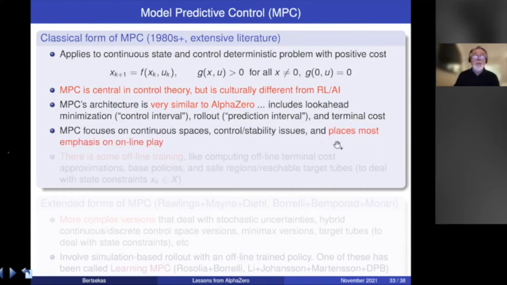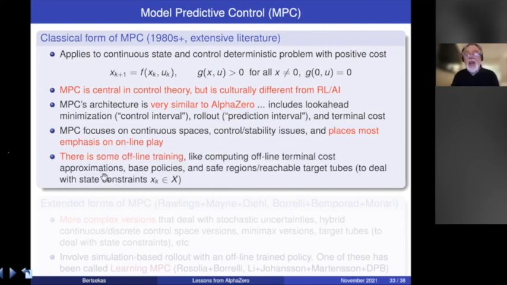On the other hand, MPC focuses on continuous space applications and also stability issues, and also relies primarily on online play. There is some offline training in MPC, for example, computing offline terminal cost approximations, computing some stable policies to do rollout with, and also computing target tubes, safe regions, in order to deal with state constraints.